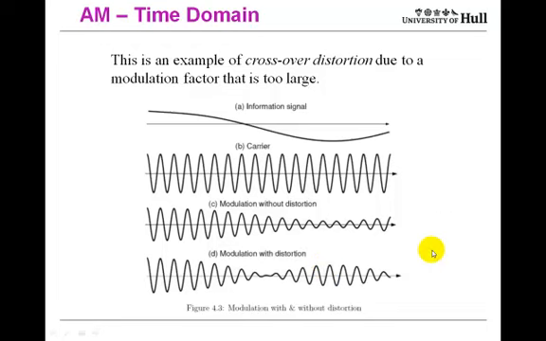So, to avoid this, we take our information signal, we scale it and shift it up around the level 1, so that we get a shifted and scaled information signal that is always positive, i.e. it doesn't ever cross over the zero axis.